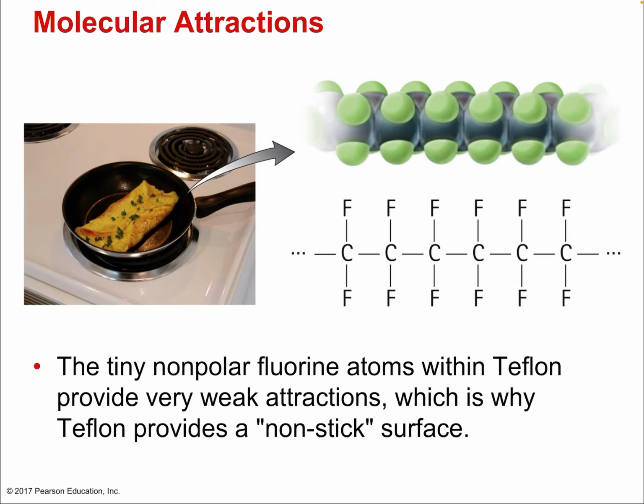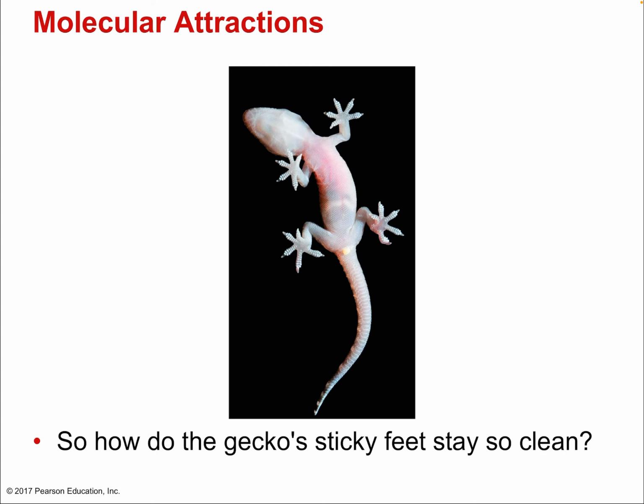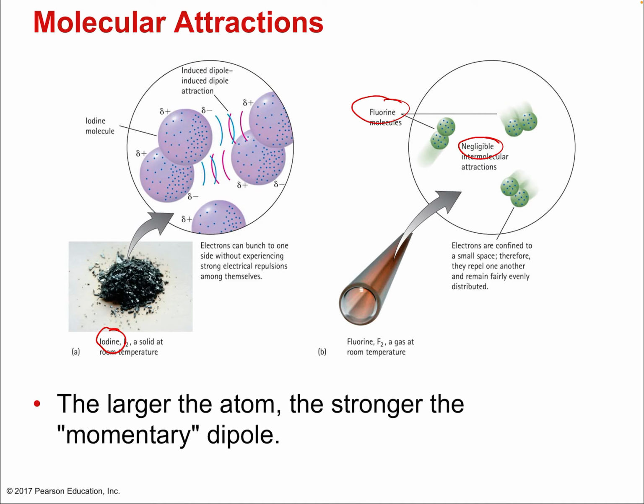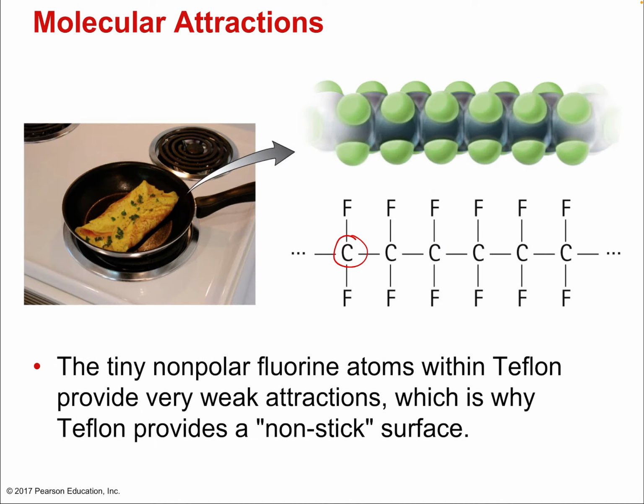And actually that idea of fluorine not inducing another dipole is how you make Teflon. You mix fluorine with carbon, and that creates a very smooth non-stick surface. And you know what's really cool? On the other side of this, these animals, geckos, actually use this incredibly weak force, the induced dipole force, to stick.